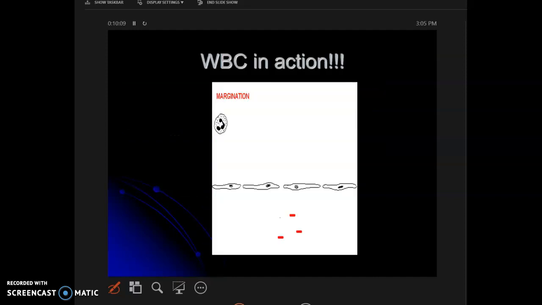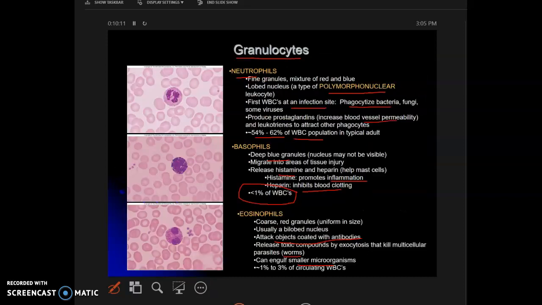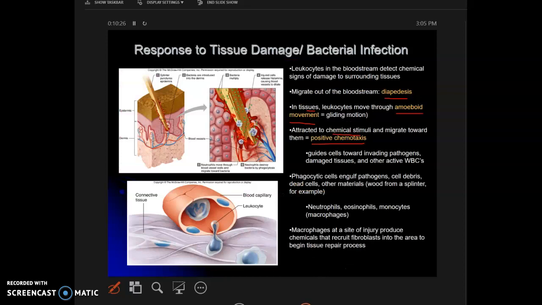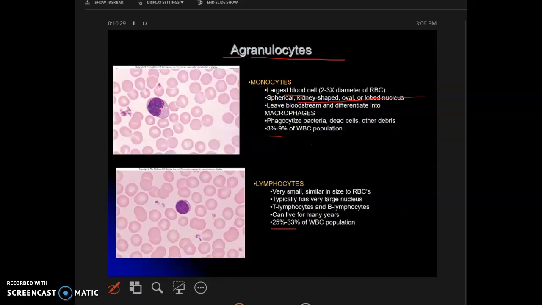So if I show you this slide and ask you to recognize it, you say, oh, this is an eosinophil. It has a bilobed nucleus, right? What I'm saying is that unspecialized means you will have a bunch of white blood cells that are useless because they're not specialized to do any function.